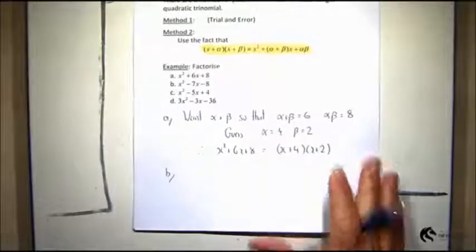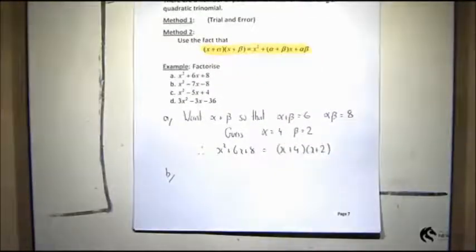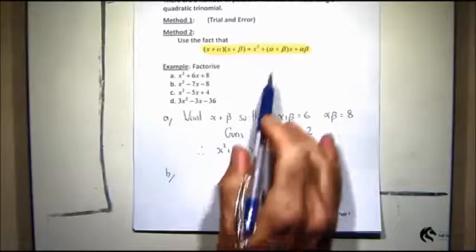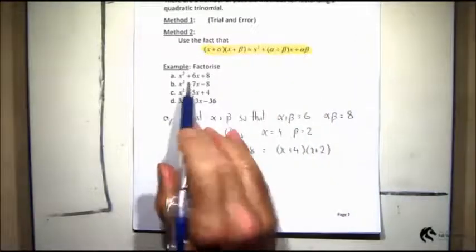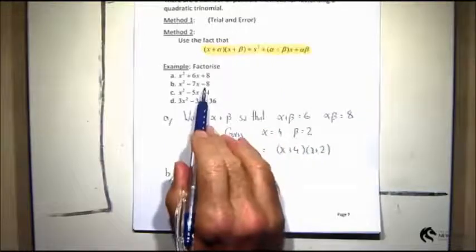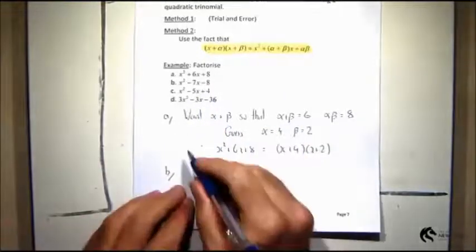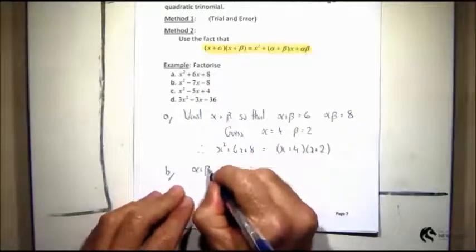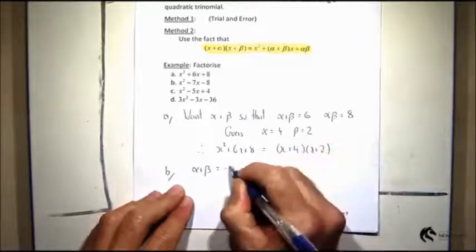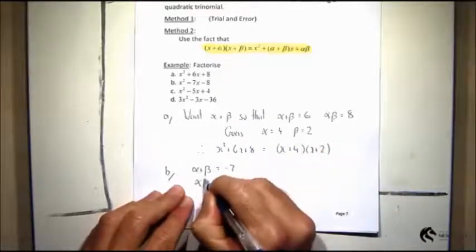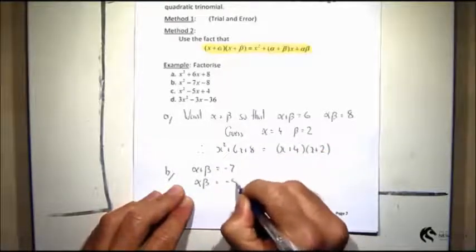Let's try B. In this case, alpha plus beta has to be minus 7 and alpha times beta has to be minus 8.